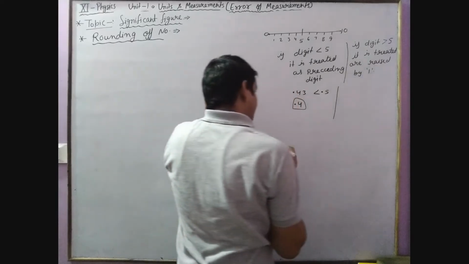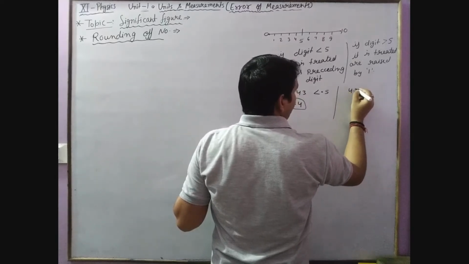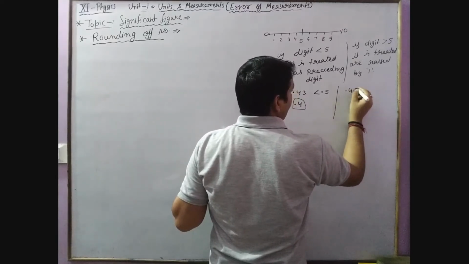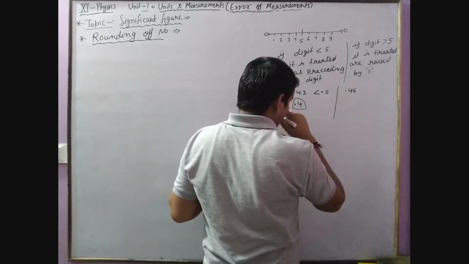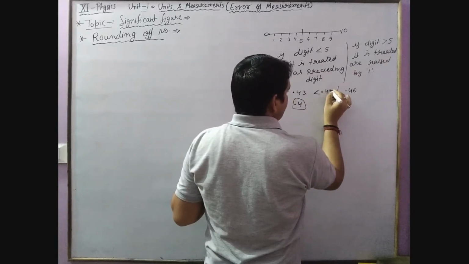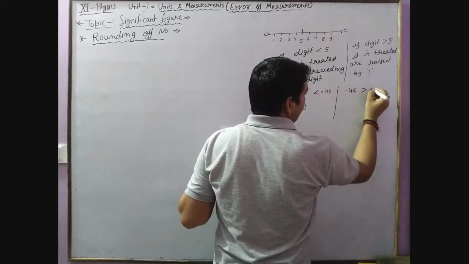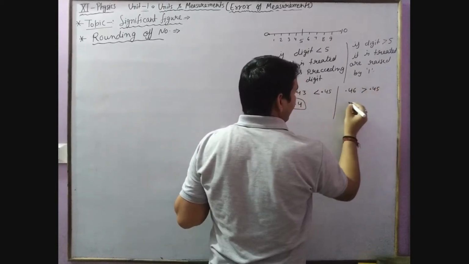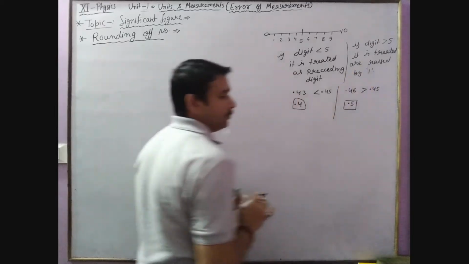Okay, that means if we have 4.46, we find that it is greater than 0.45, so it will be treated as 0.5 according to this rule.